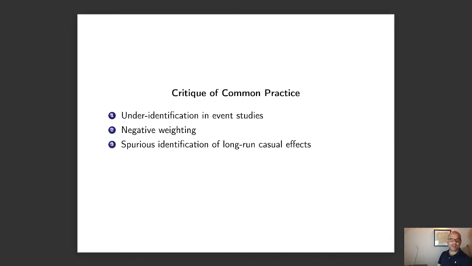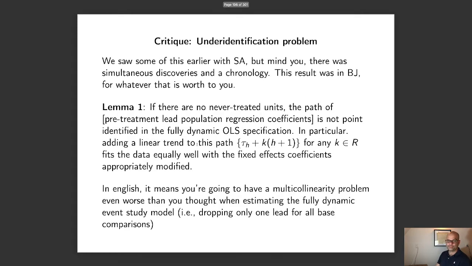And the problem with negative weights is that you actually can't as easily interpret the final coefficient as a weighted average over all treatment effects. Sorry. And then you can get spurious long-run causal effects.